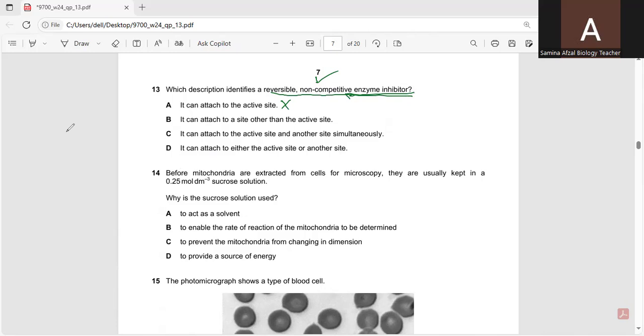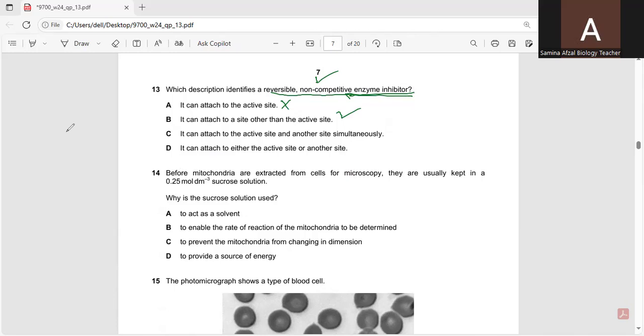Now I'm moving towards B: it can attach to a site other than the active site. Yes, it will attach itself on other sites, and in this way there will be a conformational change in the shape of the enzyme molecule, and due to the change in shape, the enzymatic reaction can stop. So this is the correct statement.